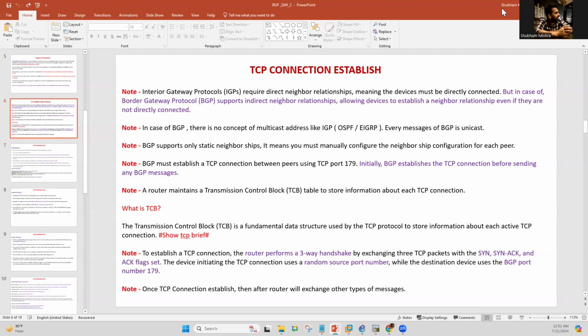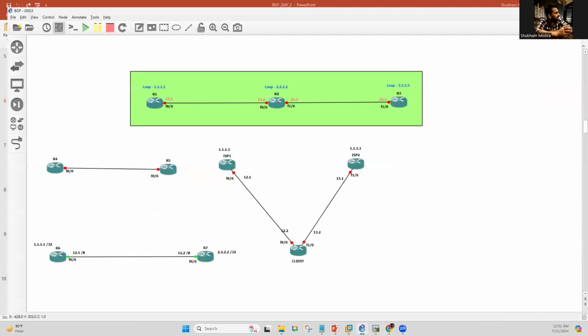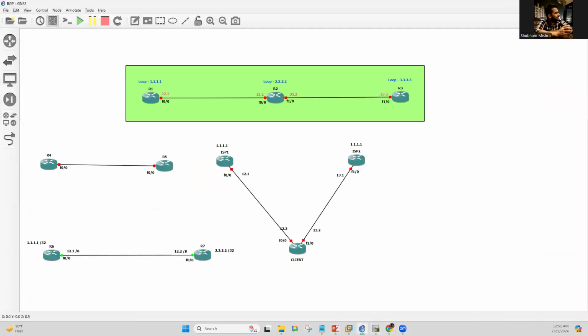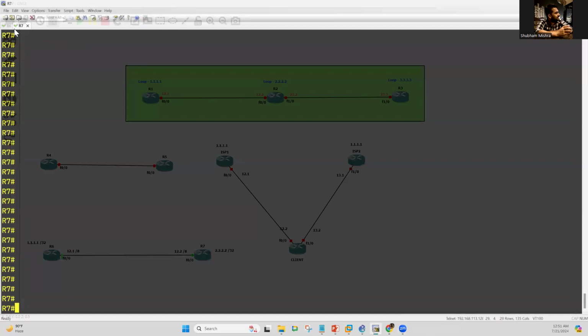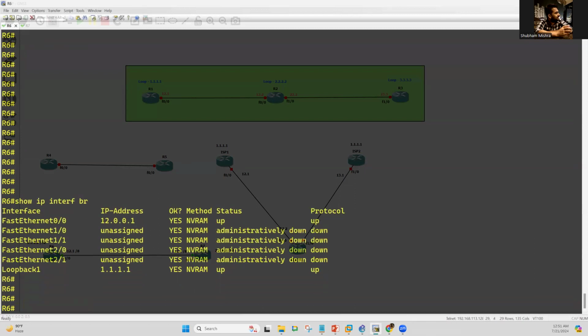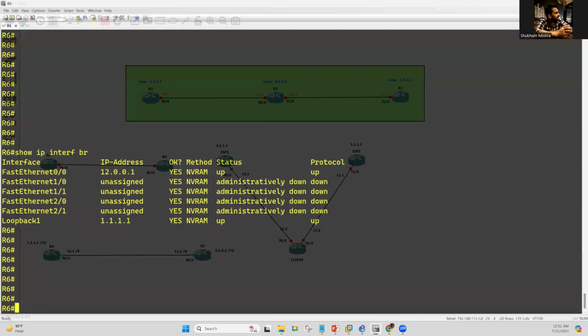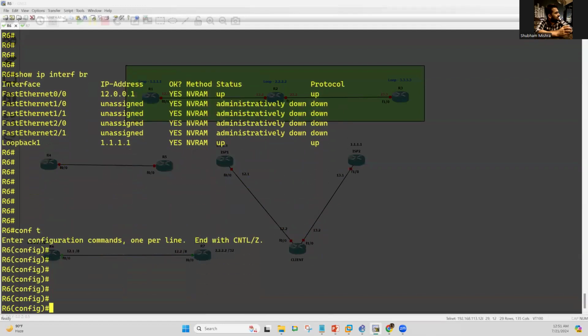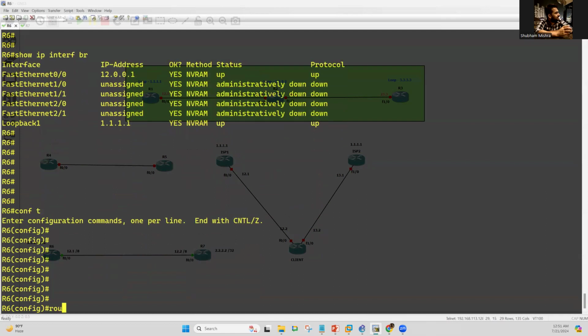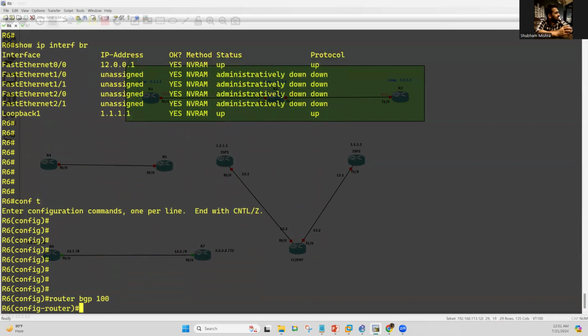In case of BGP, how can we check the router ID and how is it elected? I will show you. For example, again we have two routers, R6 and R7. Let me check the IP address. With show ip interface brief, the IP address 12.0.0.1 is assigned and there is one loopback, 1.1.1.1. Now configure terminal. How can we configure BGP? Router BGP 100.